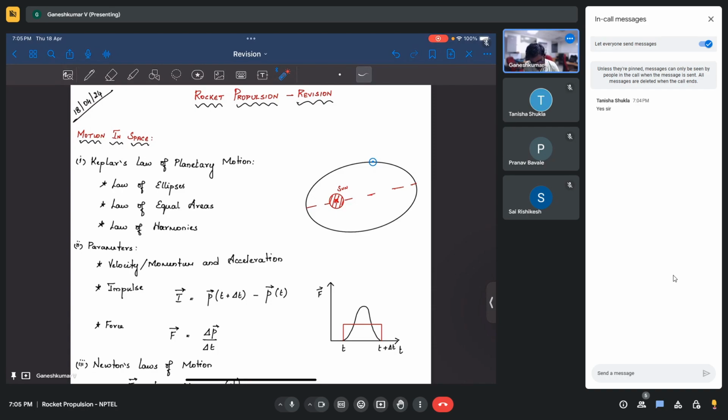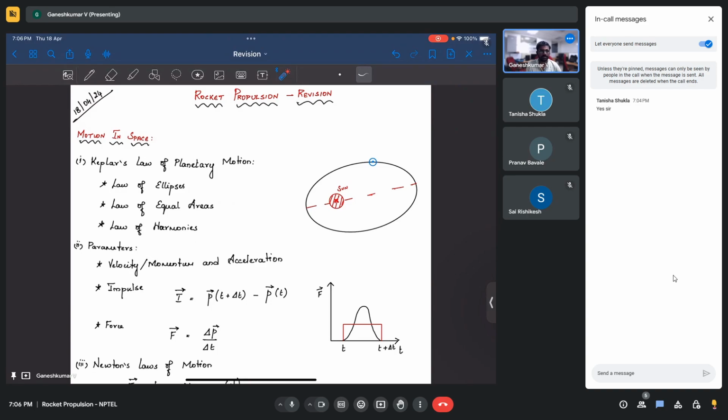So there we studied motion in space, and we saw a few laws. Since our course is related to rocket propulsion, we saw Kepler's laws of planetary motion. Kepler stated three laws of planetary motion: the law of ellipses, the law of equal areas, and the law of harmonies. The law of ellipses we already know.